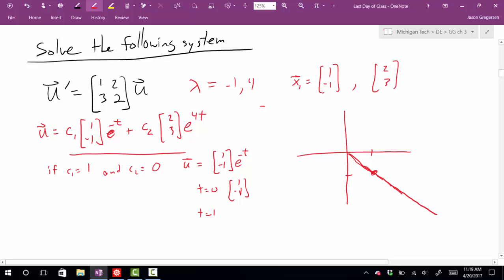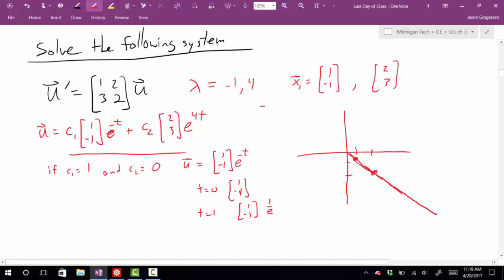What about t equals 1? Well, then I would get 1, negative 1 times e to the negative 1, which is just 1 over e. E is 2.71 something. I'm going to be sloppy. I'm going to call it 3, right? In that case, it looks like this vector times 1/3, which would give me the vector 1/3, negative 1/3. 1/3, negative 1/3 is right about here.